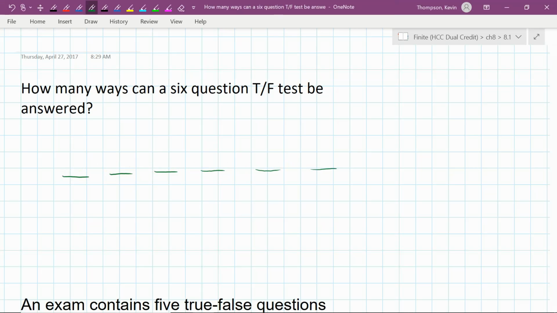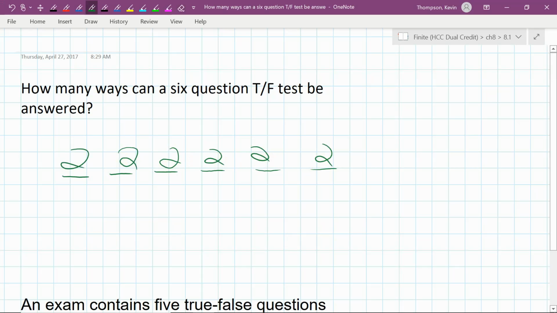When you think about the first question, how many ways can you answer it? 2. How many ways can we answer this question? 2, and so on.